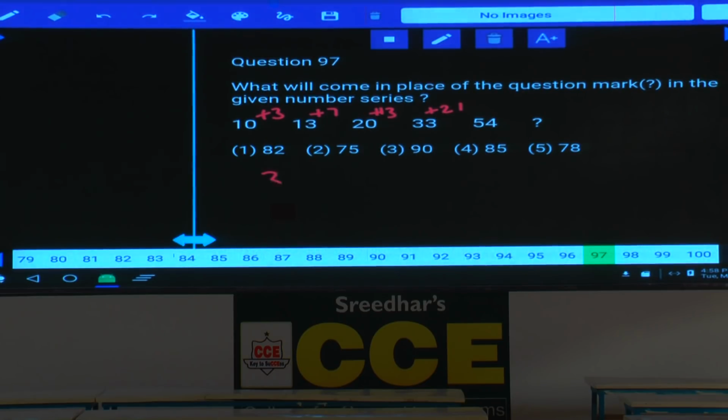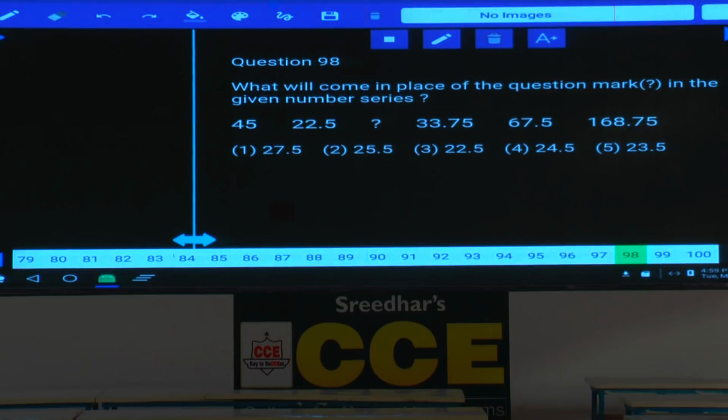Now check the differences between these numbers: 3, 7, 13 and 21. 3 plus 4 is 7, 7 plus 6 is 13, 13 plus 8 is 21. Next one plus 10, so 21 plus 10, 31 should be added. Adding 31 gives 85, choice 4. Done with this? 97, choice 4 is the answer.